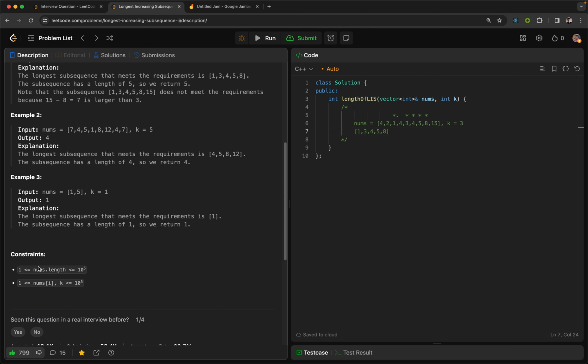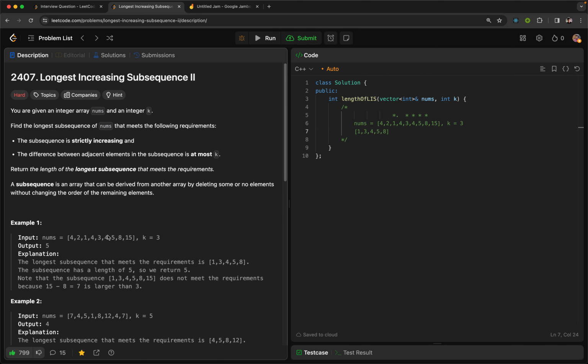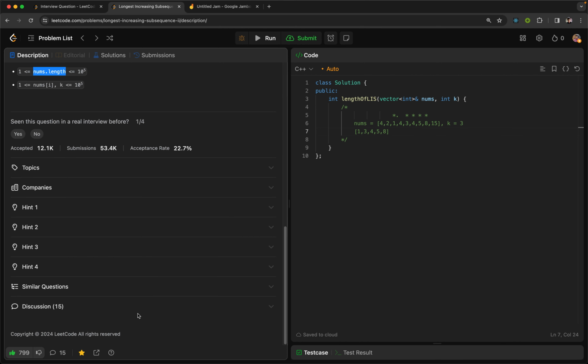Now one thing to observe here is that we are given nums of size 10 to the power of 5, correct? And if we go via the typical method to find the longest increasing subsequence, that basically runs in order of n squared time, right?